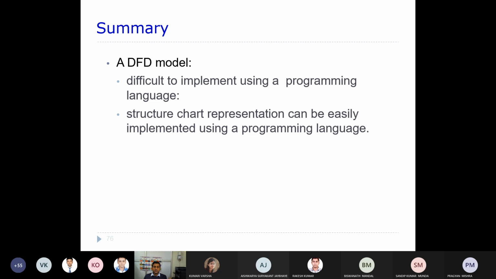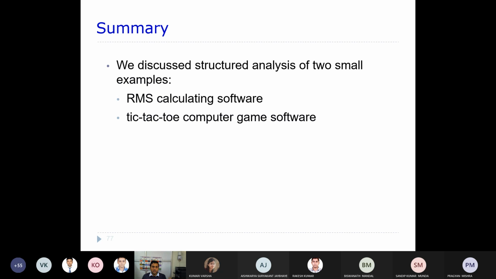A structure chart representation can be easily implemented using a programming language, right? So once the DFD is converted into the structure chart, it can easily be implemented using a programming language. That is what we studied at the very beginning, when we talked about software design, where you see the module structure. We discussed two examples, RMS and tic-tac-toe.